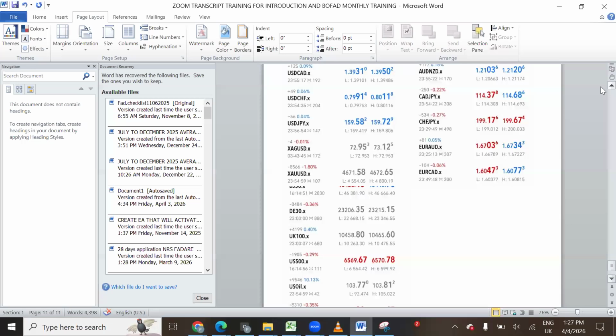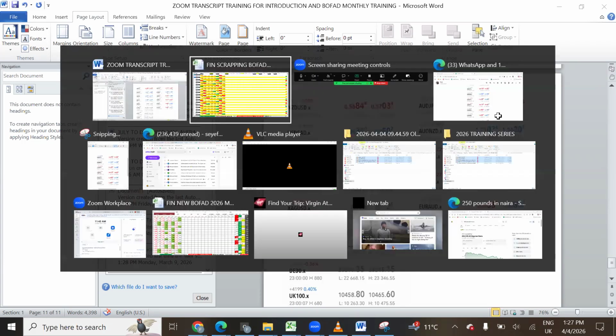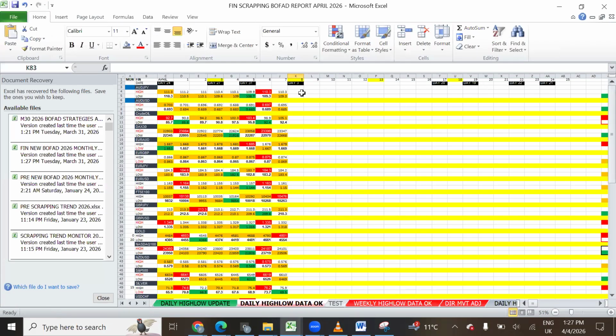You can see here the high price for Friday, which is the third, is 110.323, so I just put it as 110.4, and then the low price is 109.7. So 110.4 and 109.7.